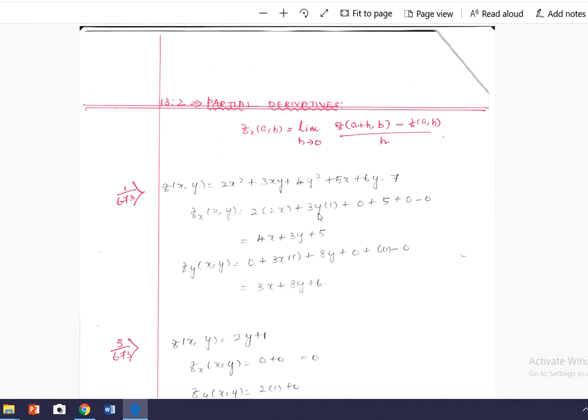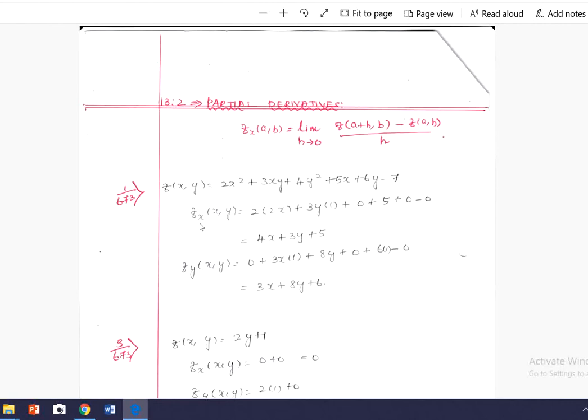The number constant becomes 0, but the y term remains the same. Then 4y²: we are differentiating with respect to x and there is no x term, so this automatically becomes 0. Then 5x, if you differentiate 5x, it will be 5. 6y has no x, so it is 0, and the constant is 0. Therefore the answer will be 4x + 3y + 5.